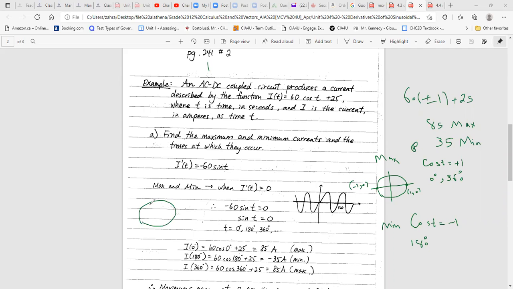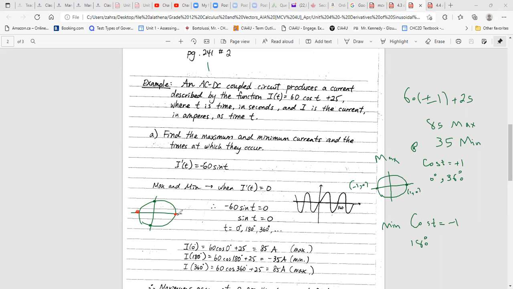Sine is the y component, and the y component is 0 at this point and this point, which are 0 degrees, 180 degrees, and then 360.